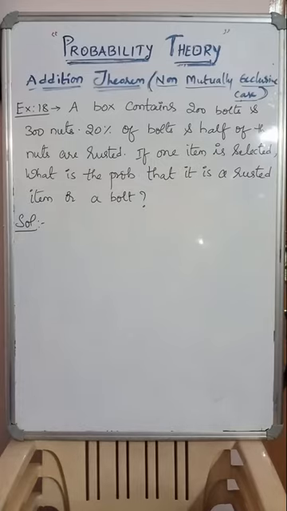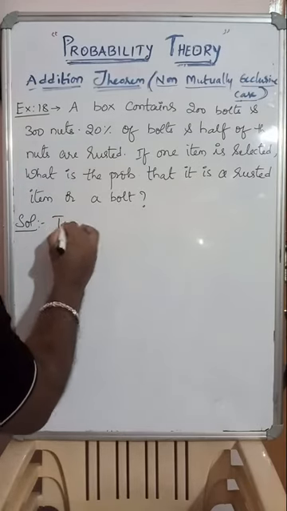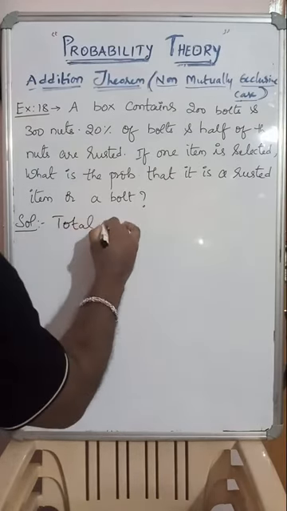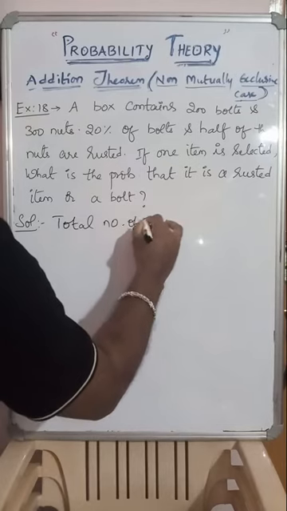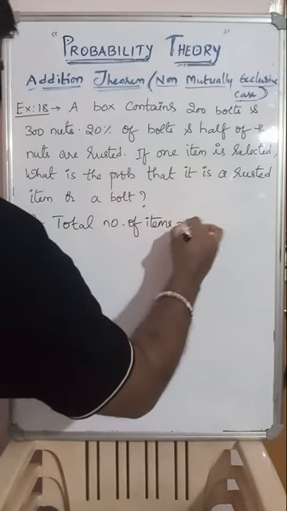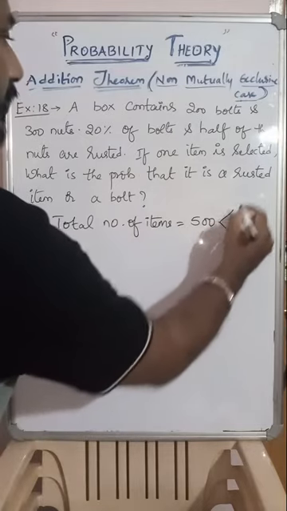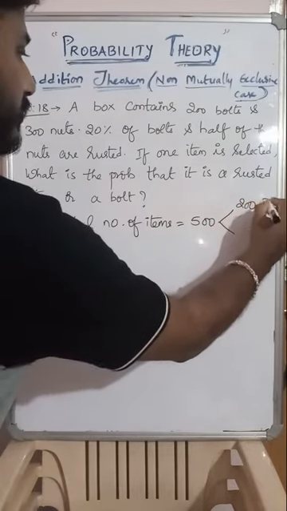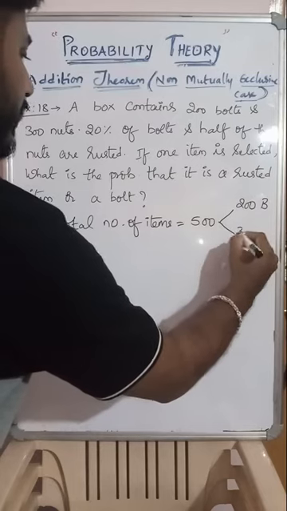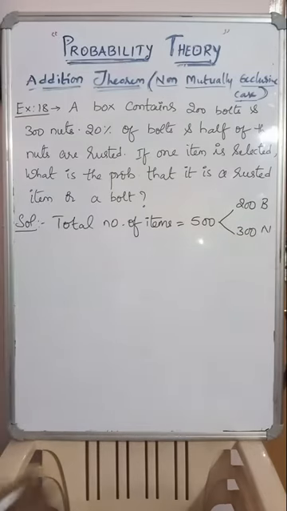A box contains 200 bolts and 300 nuts. Write down. Total number of items 500. In this 500, 200 are bolts and 300 are nuts. Clear?